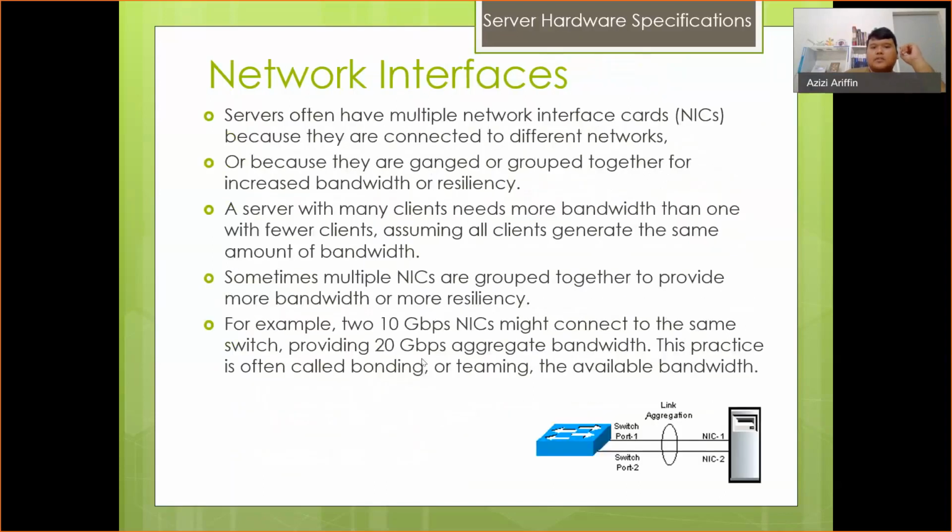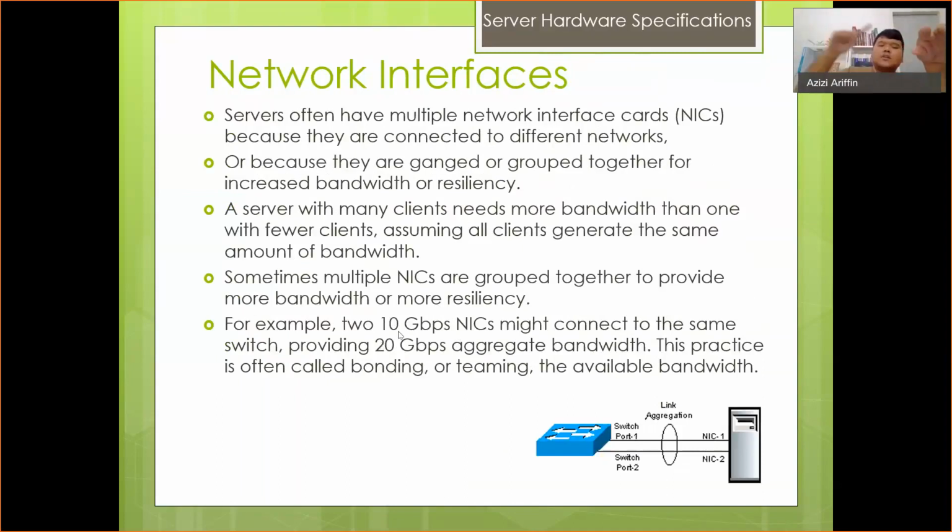Right? So the network interface, okay. The server hardware usually has multiple network interfaces, not like our workstation, which maybe has only one interface. A server usually has a minimum of 2 network interfaces, and for example, one port has 10 gigabit per second.